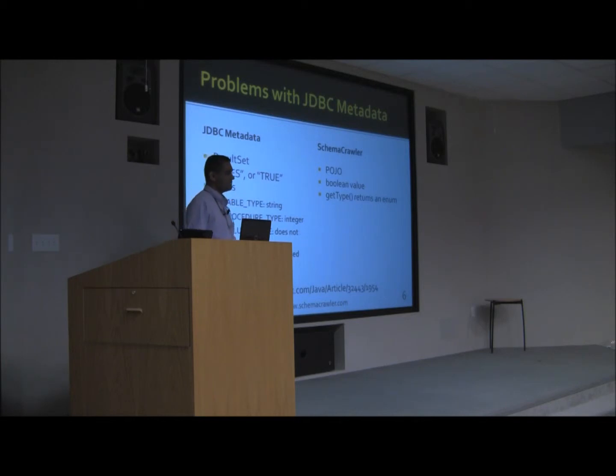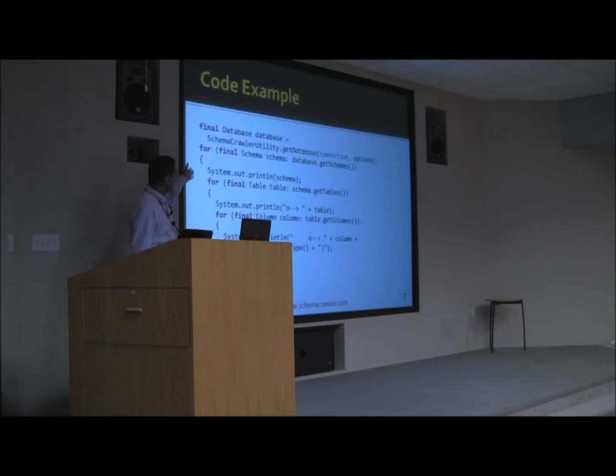SchemaCrawler gives you everything back as a POJO, and it is extremely consistent. It uses enums. We live in a post-Java 5 world. I don't think JDBC found that out, but SchemaCrawler knows about Java 5 enums and Boolean values and so on. So here's an example of the typical ease of use of SchemaCrawler.